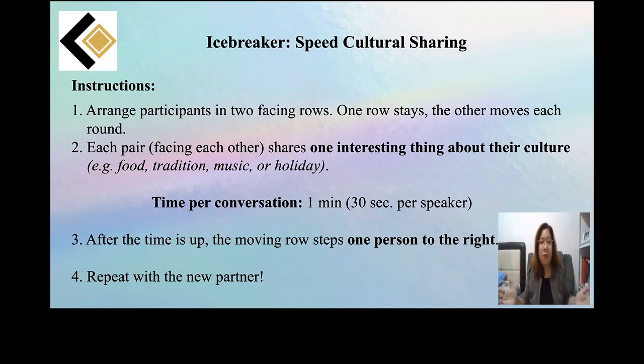It's up to you to make the decision. The moving row steps one person to the right and then repeat the process until everyone is done. Tonka will help you in the process.